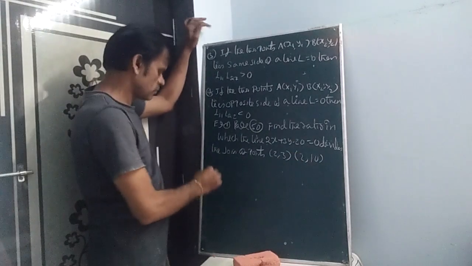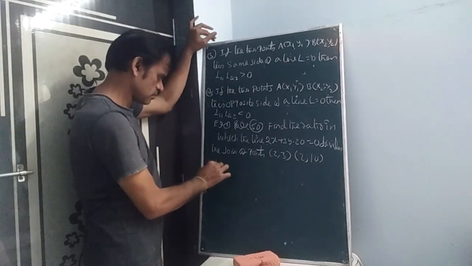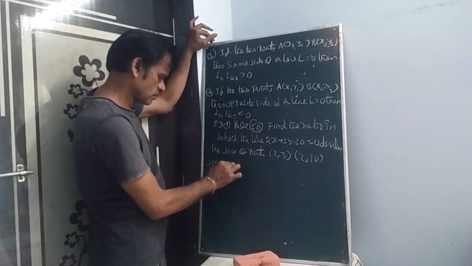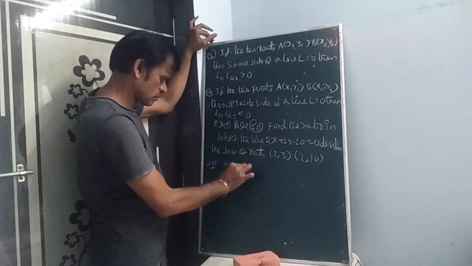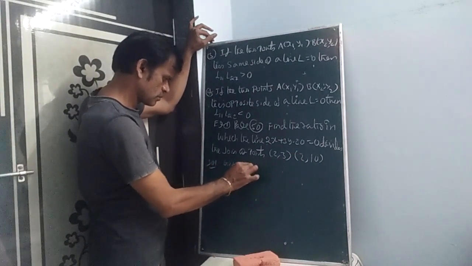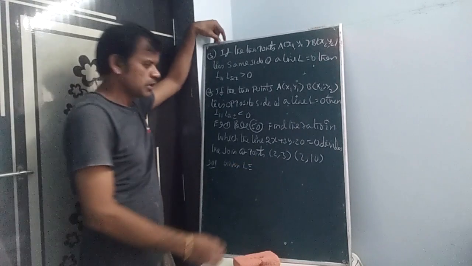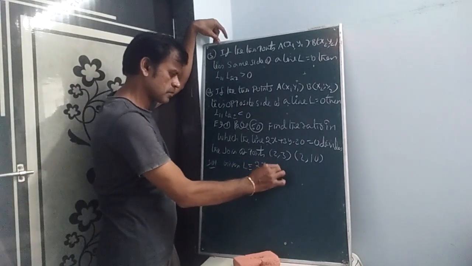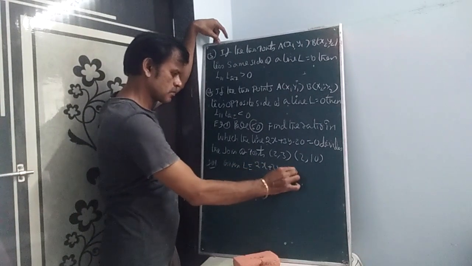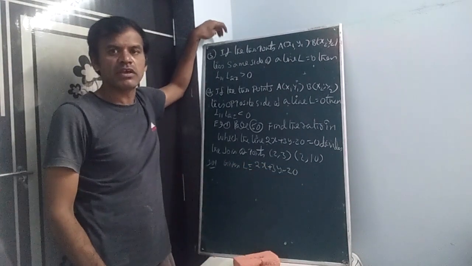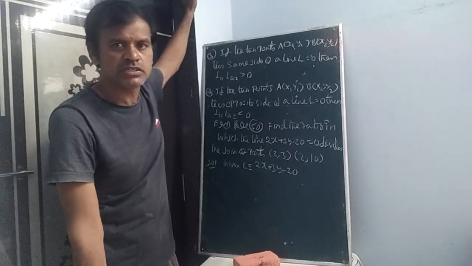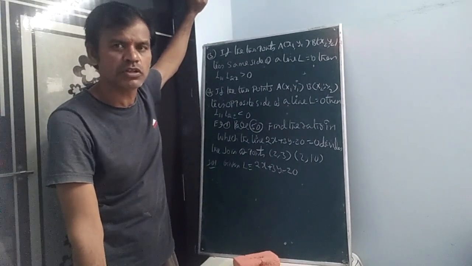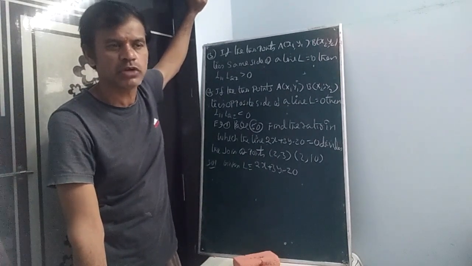See the solution now. Given L is identically equal to 2x plus 3y minus 20, the line L equal to 0. We know that the ratio is minus L11 is to L22.